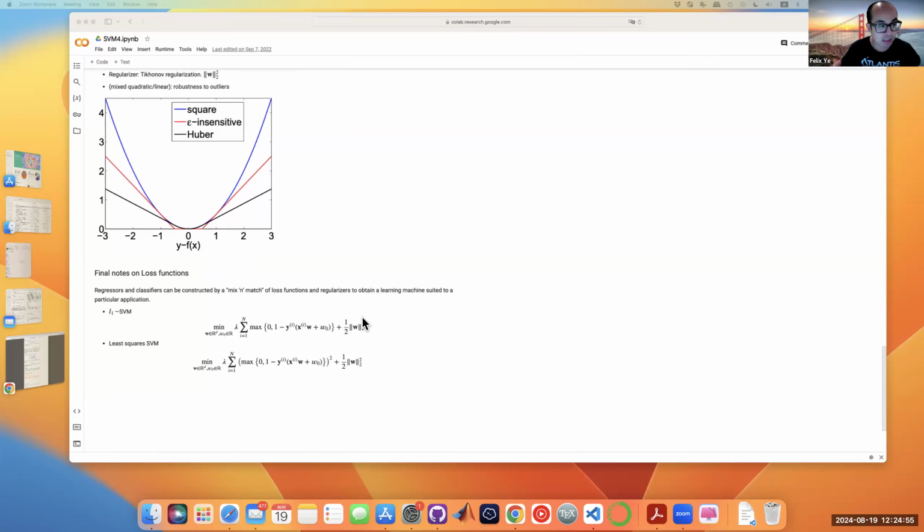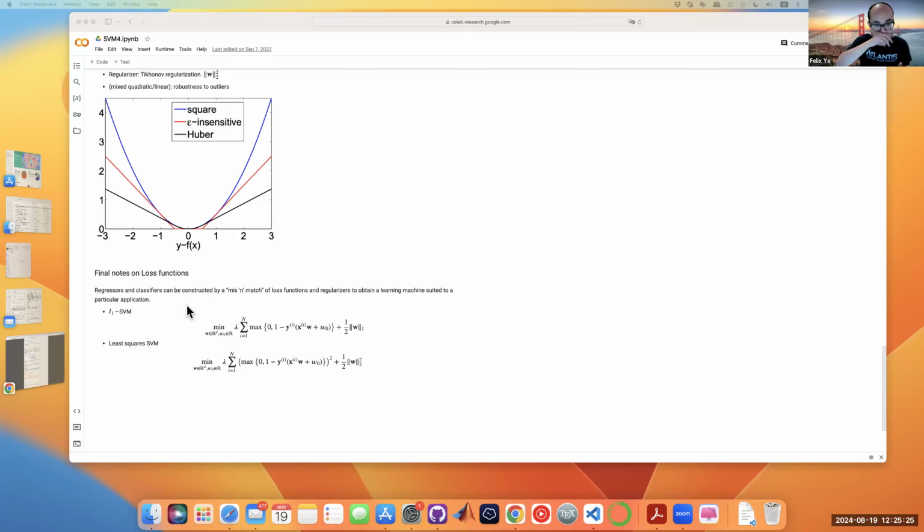Okay, so a final note on loss functions. All these regressors and classifiers can also be constructed with mix and match strategies. But we didn't do a lot of mix and match, because different classifiers, different loss functions, and different regularizations have different effects. They will suit different applications.